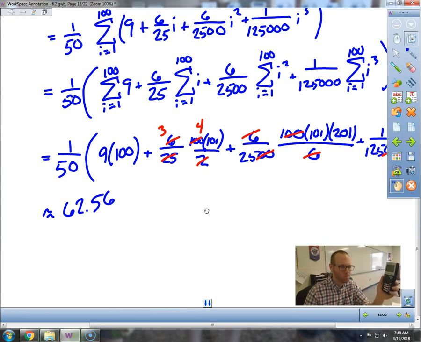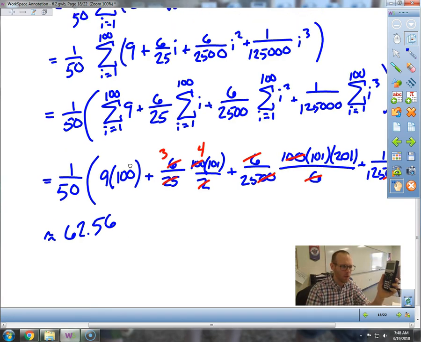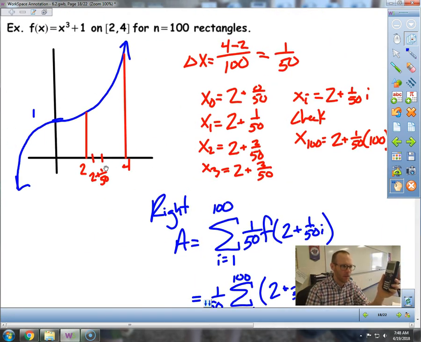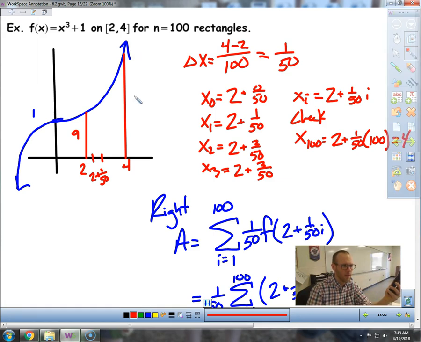Does that seem reasonable? Let's think about this a little bit. Okay, look at our region. We're going from 2 to 4 on x cubed plus 1. If I plug in 2 cubed plus 1, that's a height of 9, isn't it? Let's see, that's 9. 4 cubed plus 1 is 65.